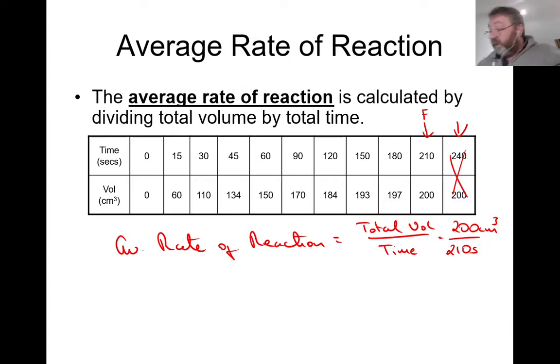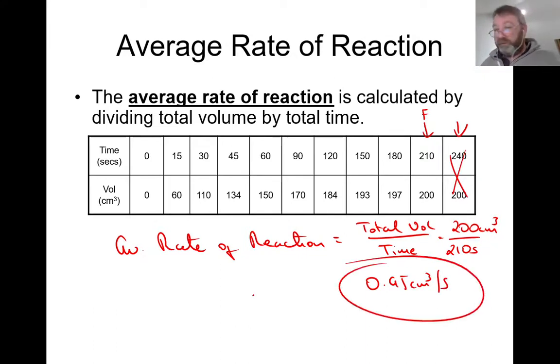So then you get your 200 over 210. So 200 divided by 210. And in this case here, you get an answer of 0.95 centimeters cubed per second as your average rate of reaction. Okay.